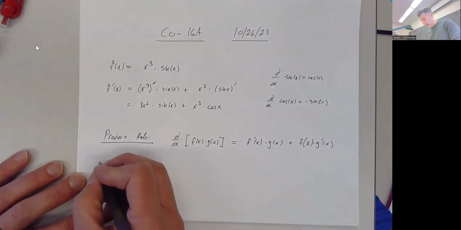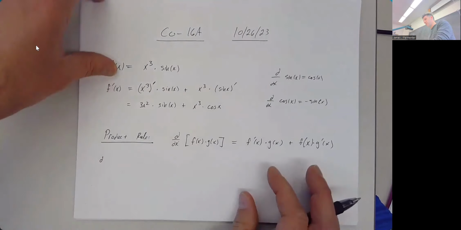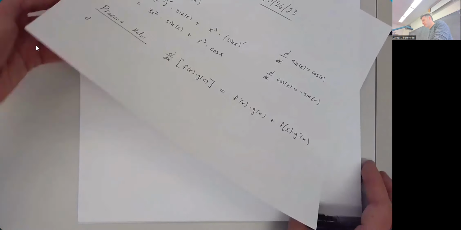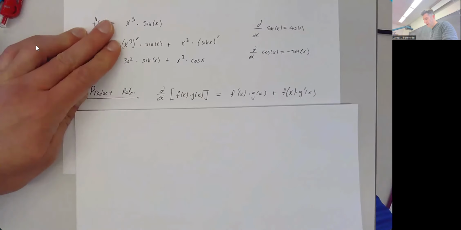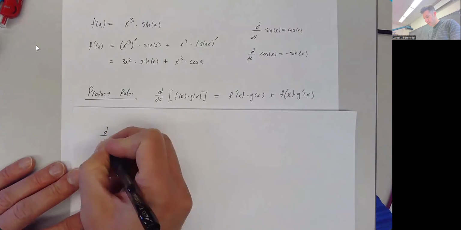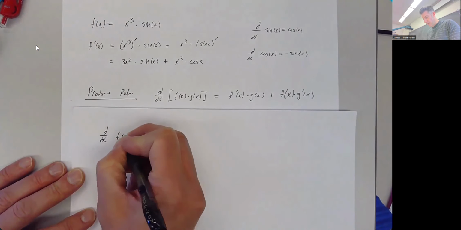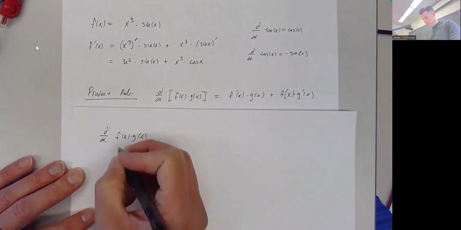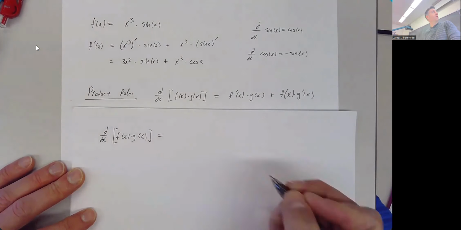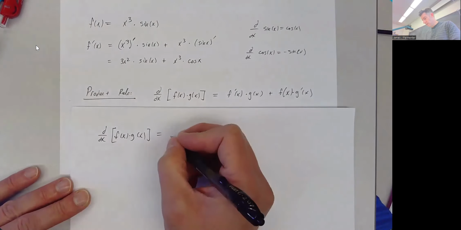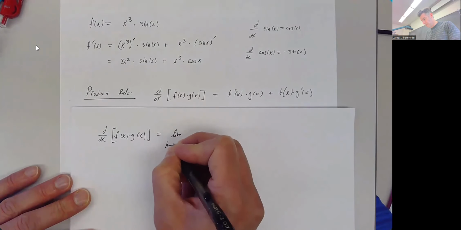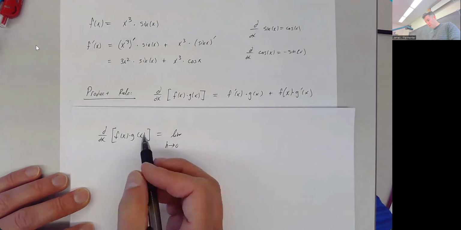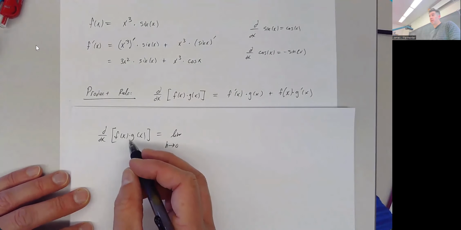So if I actually wanted to find, let's get myself some room here, if we actually wanted to find the derivative of f of x times g of x, well, limit definition, it'd be the limit as h goes to 0 of, you take that function and you plug in x plus h.